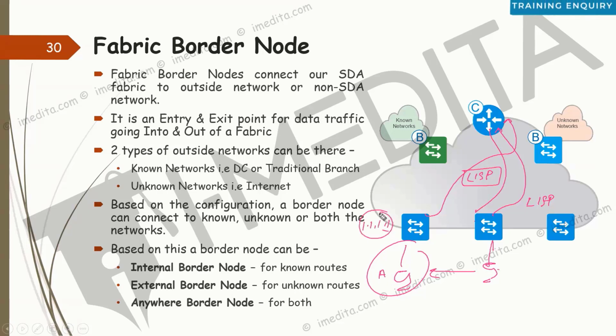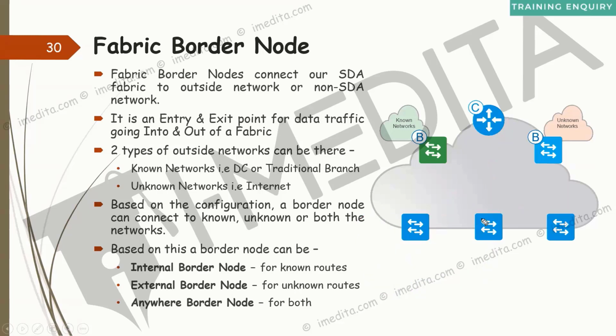The control plane node will tell that, okay, if you want to go to that destination A, you can go to 1.1.1.1. That it will also do via LISP. This is all control plane operation. So we can say that the control plane is built around LISP technology in our SDA. And when the data traffic has to pass, the data traffic has to be encapsulated as well. And that encapsulation will be done from the AS device to AS device with the help of a technology called VXLAN.